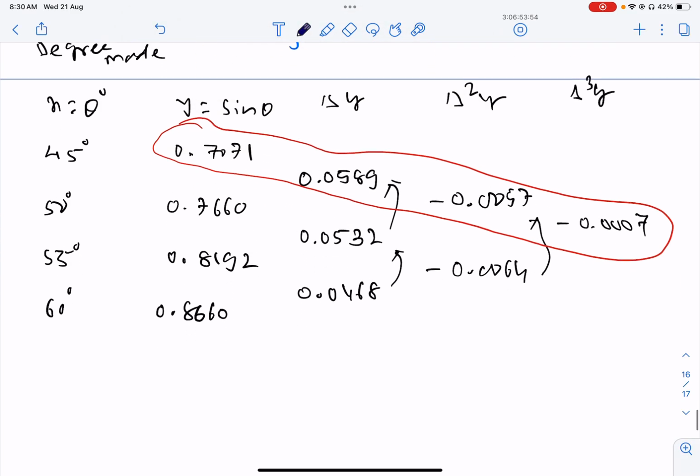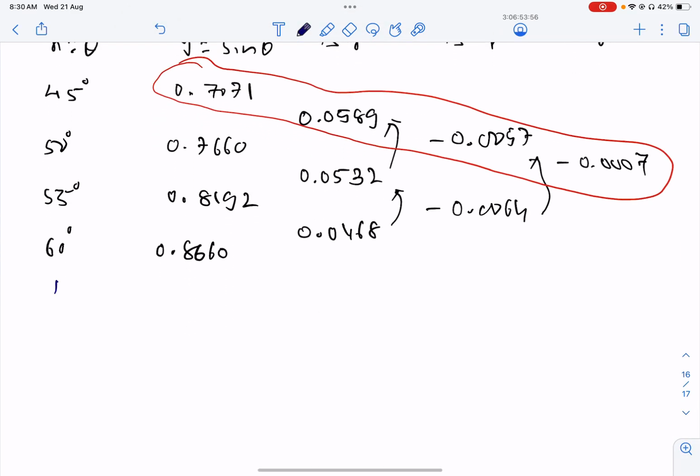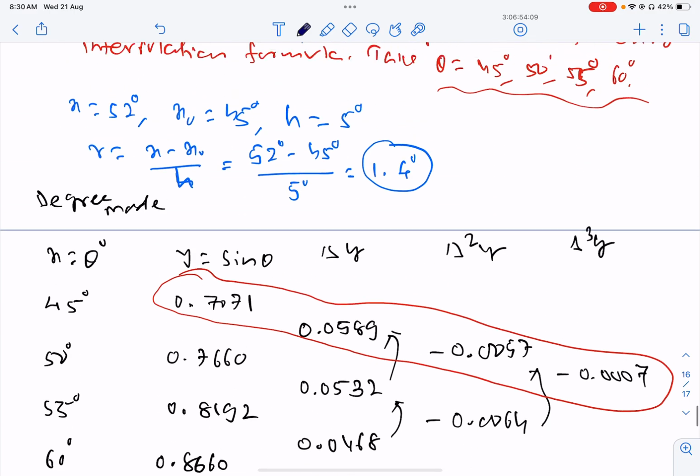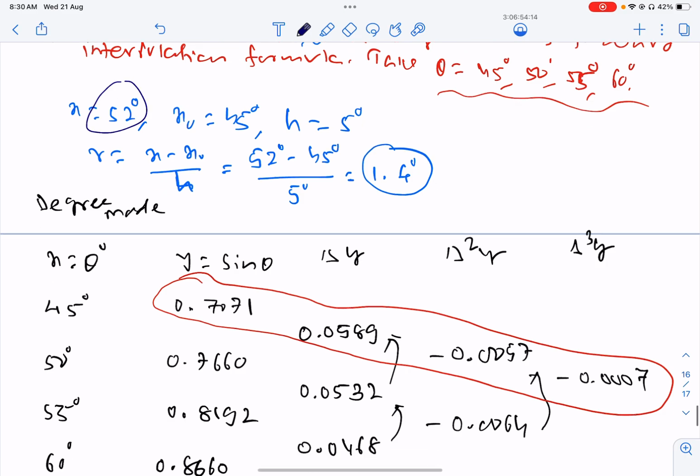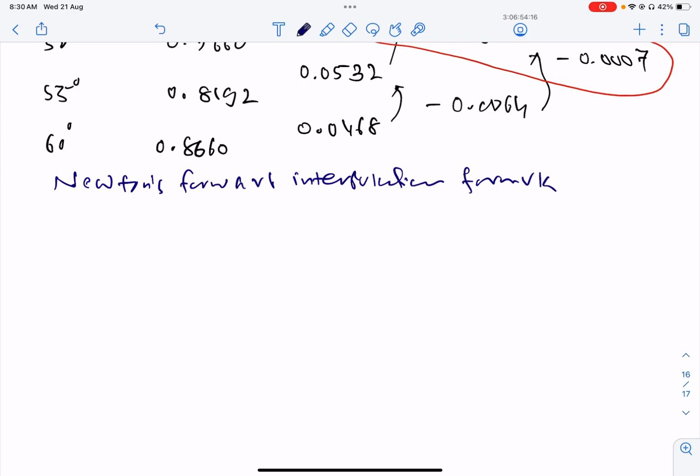So the Newton's forward interpolation formula. Here f x is sin x. So we need to find the value at 52 degree. So we directly write like this.